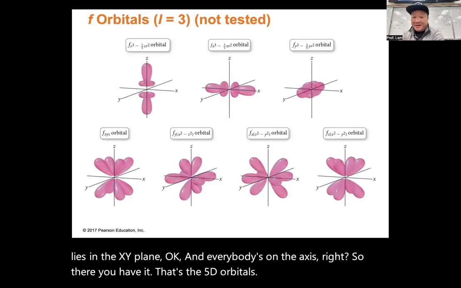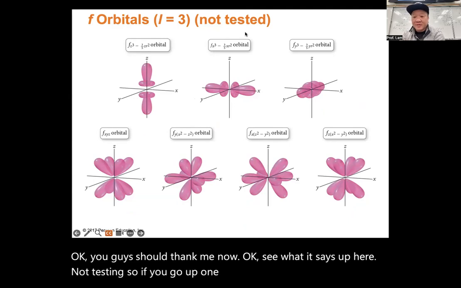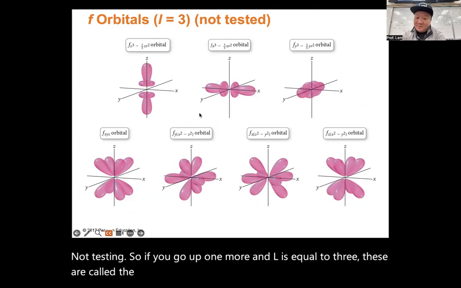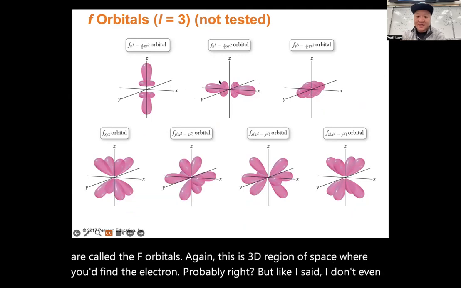Okay, you guys should thank me now. See what it says up here? Not tested. So if you go up one more and L equals 3, these are called the f orbitals. Again, this is the 3D region of space where you'd find the electron, probably. But like I said, I don't even know this. It's really complicated.